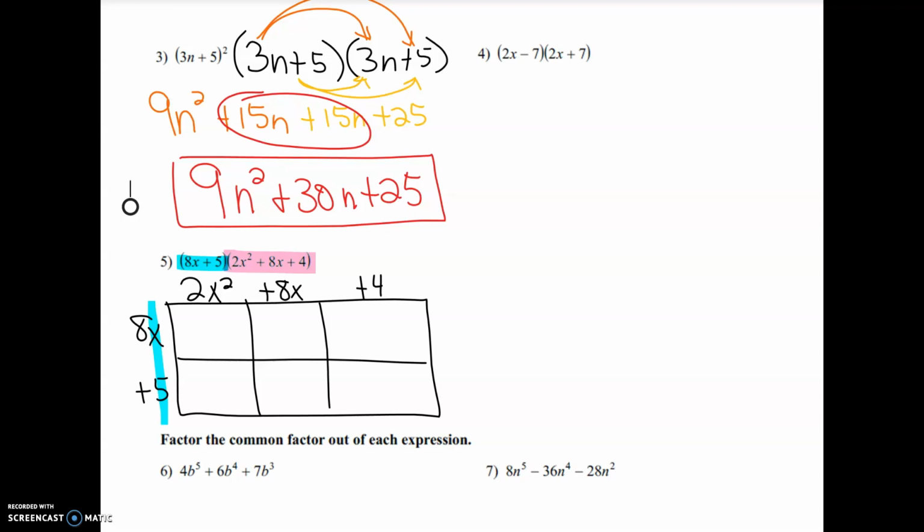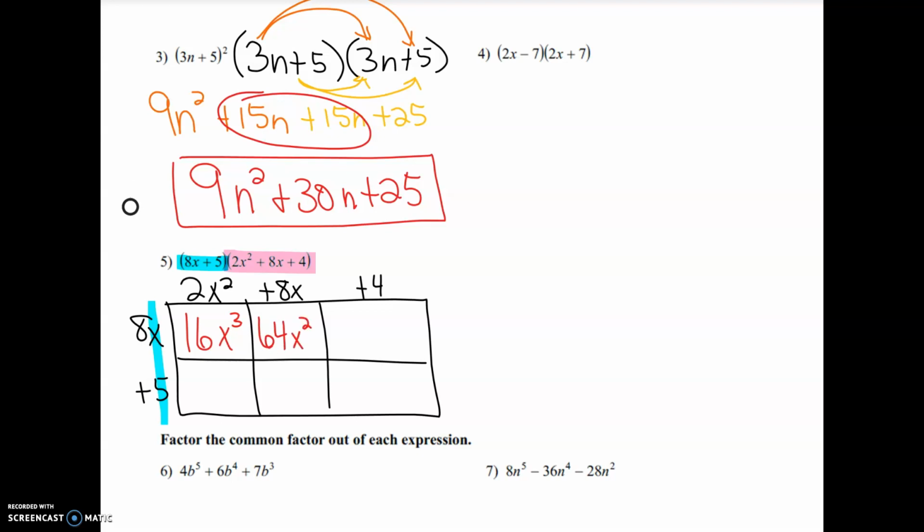Then I'm going to carry out my multiplication. 8x times 2x squared is 16x cubed. Remember to add your exponents on your variables. 8x times 8x is 64x squared.